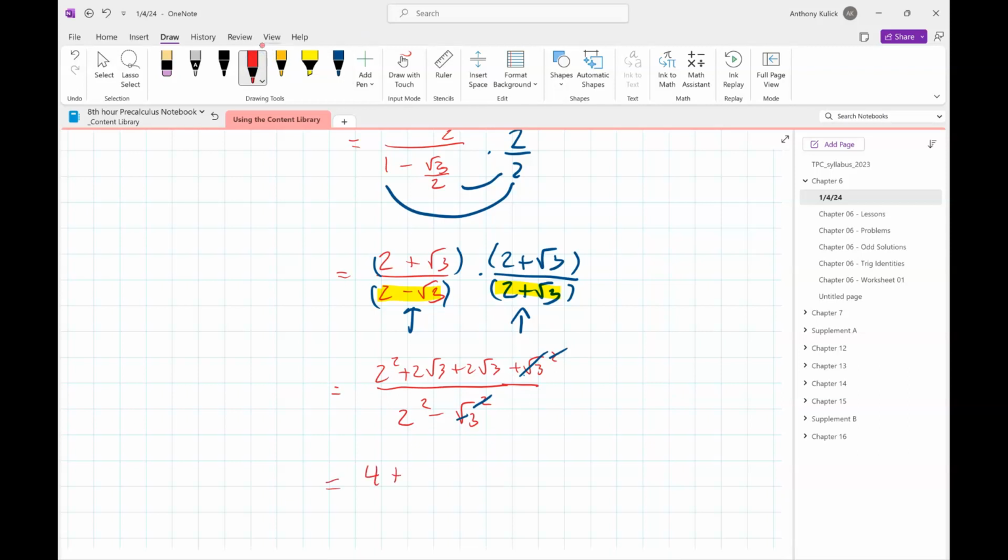So I have 4 plus, well, let's do some more before I do that. And then those guys are like terms, right? So I have 2 root 3 plus another 2 root 3. How many root 3s do I have altogether?